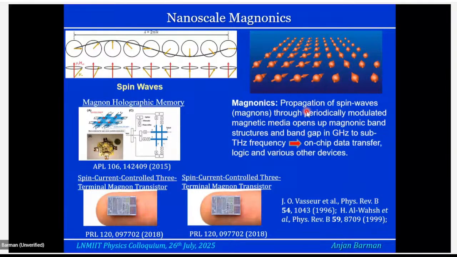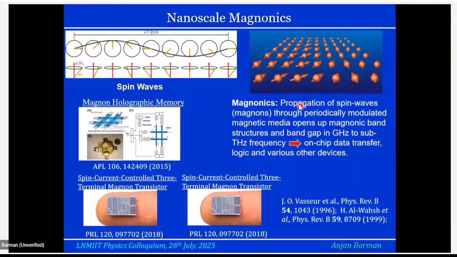Okay, so this opens a new field called magnonics, where instead of electrons, you actually use the magnon, and instead of a normal crystal, you use an artificial crystal. I will show how it looks. It is an artificial crystal made of some magnetic material, a periodic arrangement of magnetic material, which is known as the magnonic crystal.